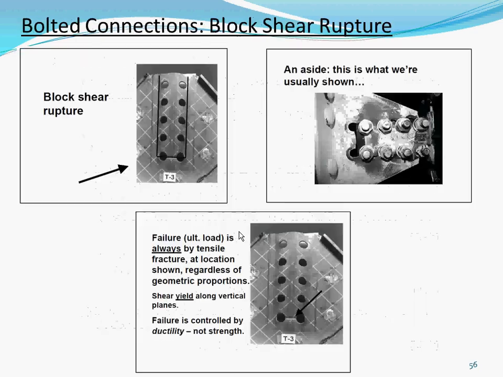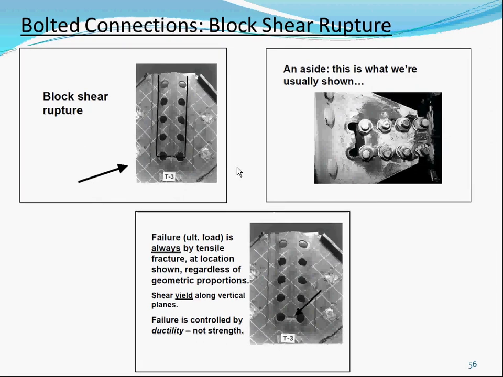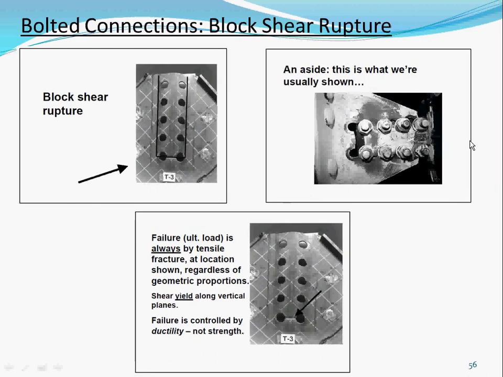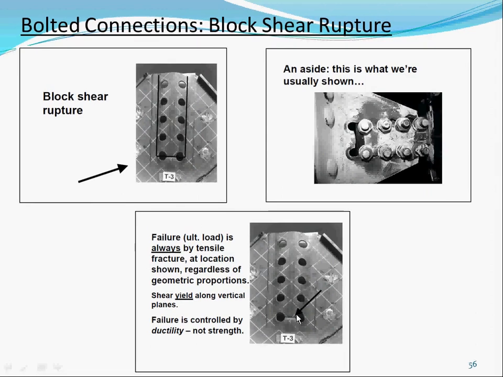Another failure mode instead of the bolt hole bearing is the block shear. You could fail in this way and tear out the whole thing. But what they see is you always fail along the bottom first, then you tear out off the bolts.